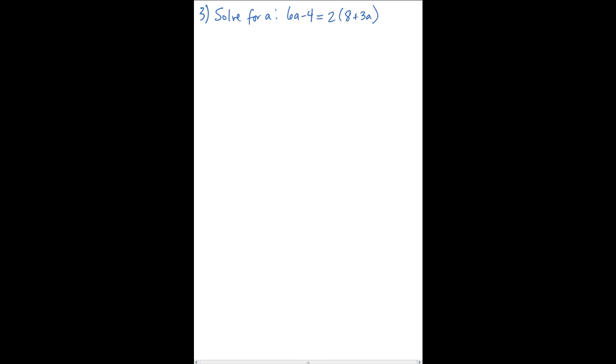So we want to get a by itself on one side, and we notice there's some stuff we could simplify here, so we probably want to do that first. We could get rid of the parentheses on the right hand side, so we could go ahead and multiply everything inside the parentheses by 2.